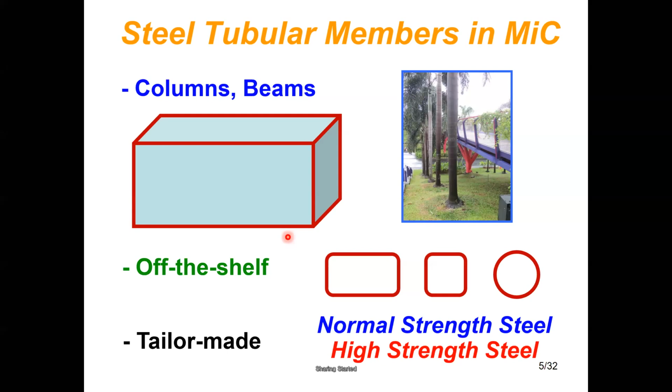Probably when we look into the tubular family, we have a lot of different cross sections that we can pick to make as a column. For example, as shown on the screen, we have the so-called rectangular hollow section, box, square, circular.